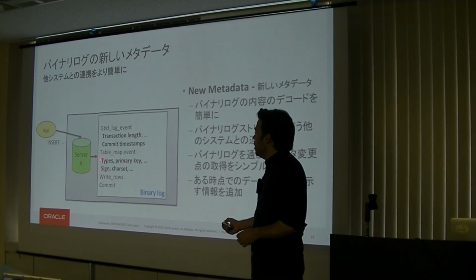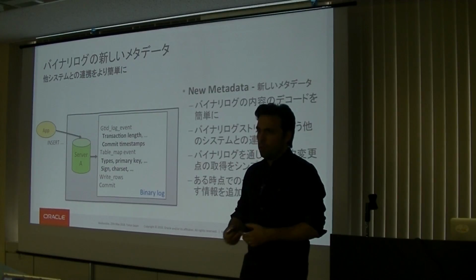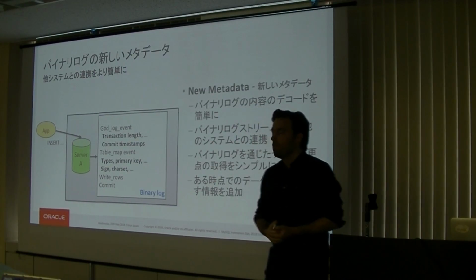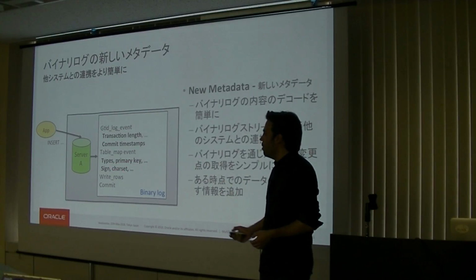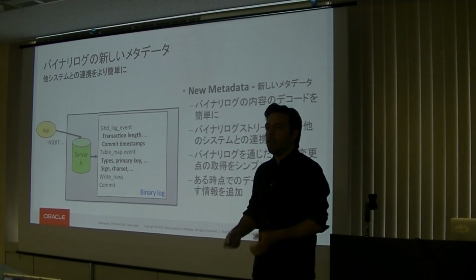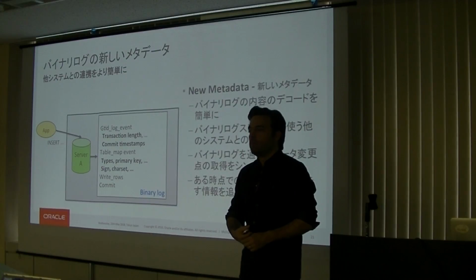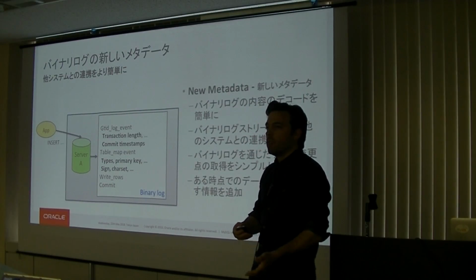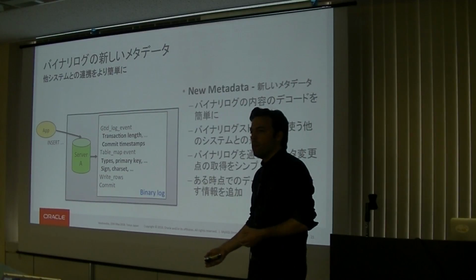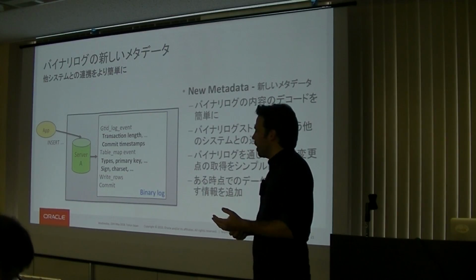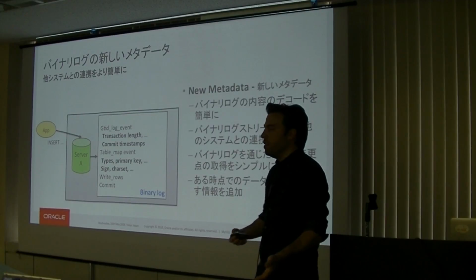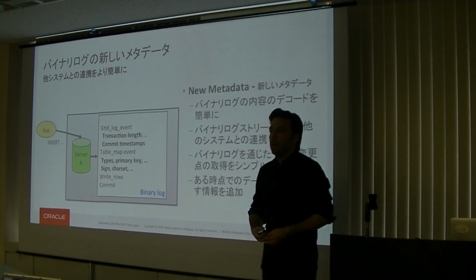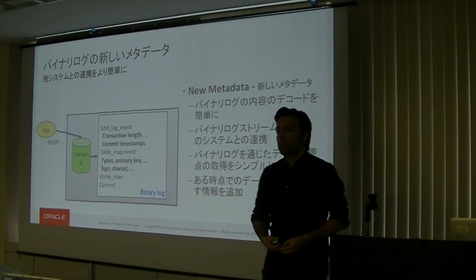We also continue to improve the row-based replication infrastructure by adding more metadata about tables, things like what are the types of the columns, which is the primary key of the table, which is the sign of this numeric column, which is the character set, and which are the column names for this table.